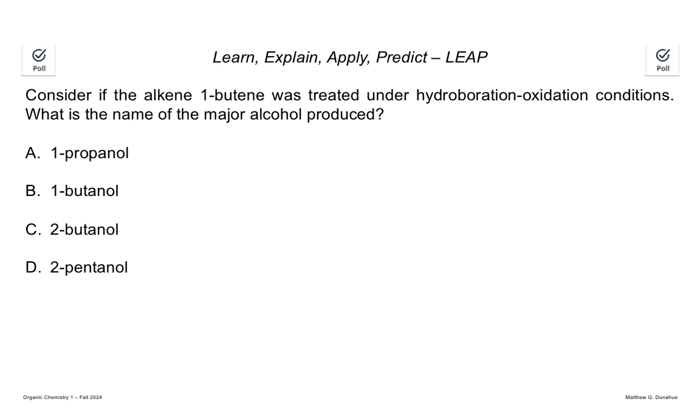Just two questions real quick we might go over, but I think these are good practice. If we take 1-butene and do hydroboration oxidation, what alcohol will be produced? A primary alcohol.